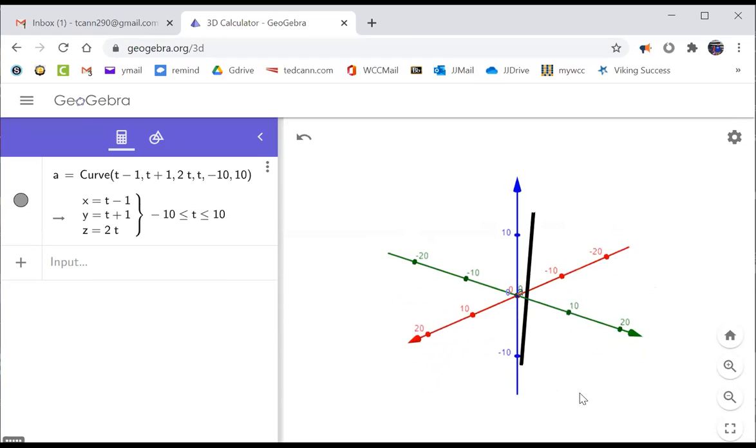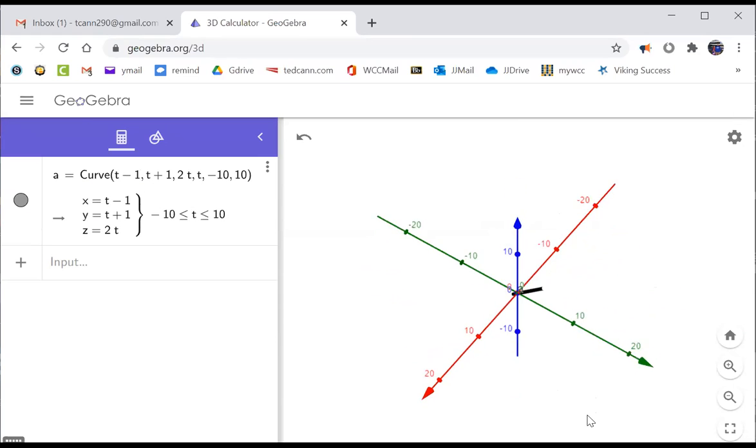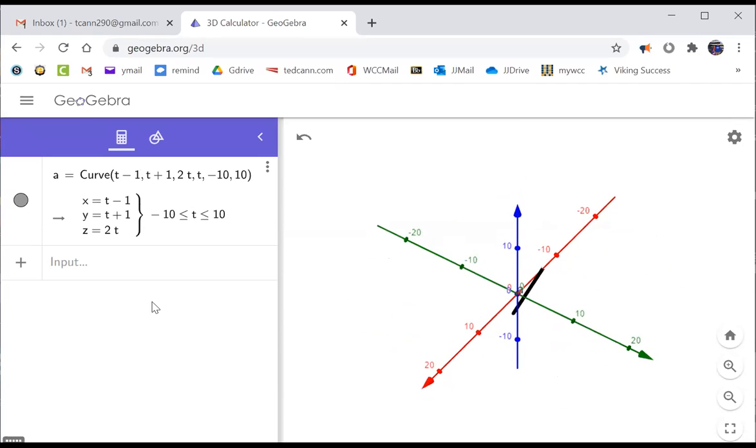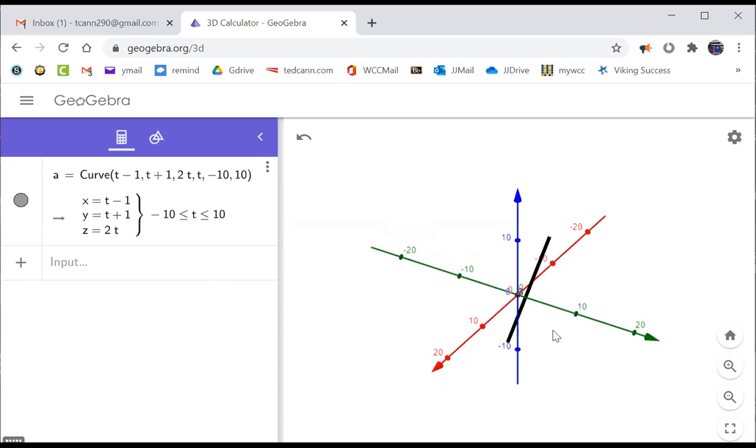All right, so I zoom out substantially just so I can make sure that it's going where I want it to go. In terms of coming up with another linear function, there's a couple ways you can handle it. One way might be a little bit better than the other. I want to make sure that my line is not going to be parallel to this one, and it's not going to intersect.